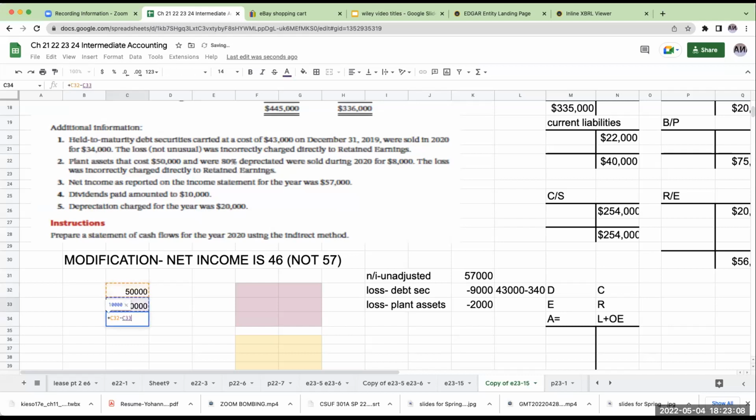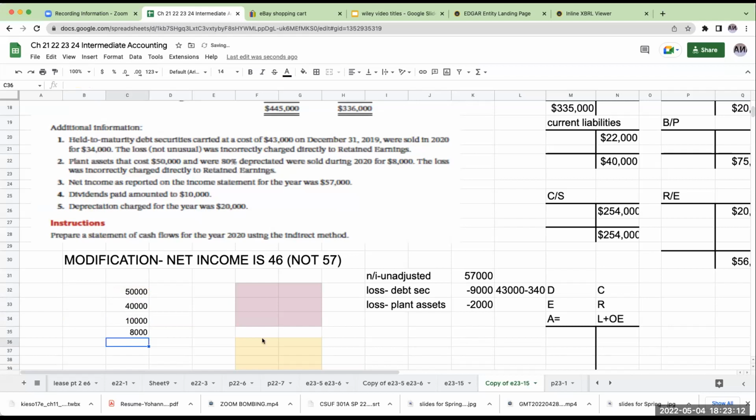That means my net book value for these assets was 10. If I sold it for 8, I have a loss of 2. So over here, my net income adjusted is going to be 57 minus the 9 minus the 2. So that's the first thing I did for this question. I frankly would never write a question this way, but the question is written this way. So we're just going to go ahead and address that.